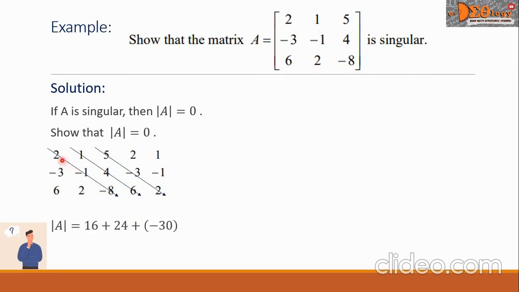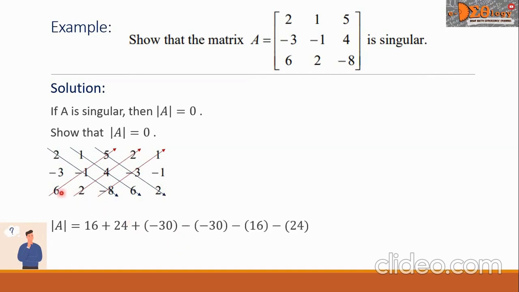So we have 2 times negative 1 times negative 8, that is positive 16, plus 1 times 4 times 6 is 24, plus 5 times negative 3 times 2 is negative 30. Then we consider the three secondary diagonals. The products will be like this.